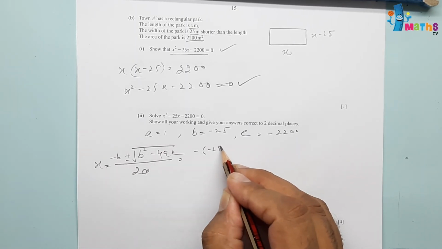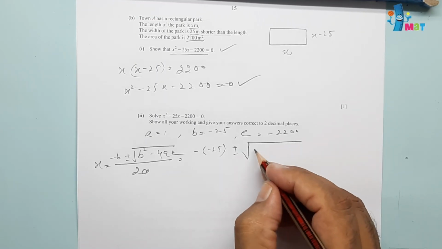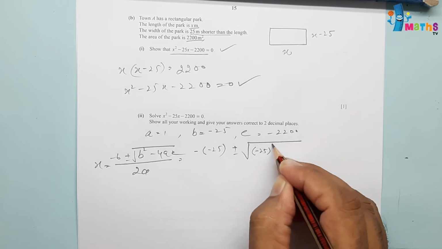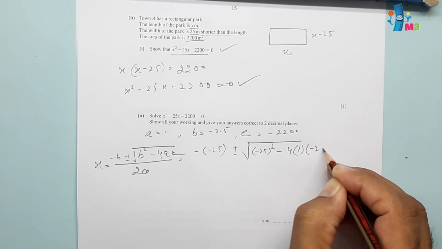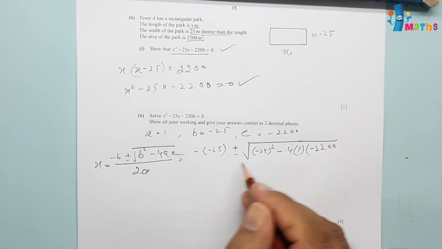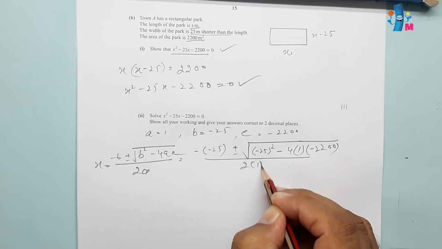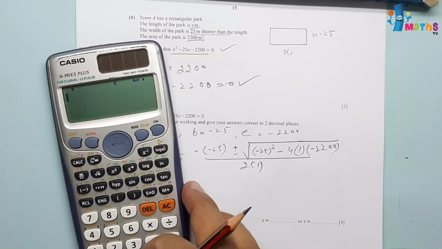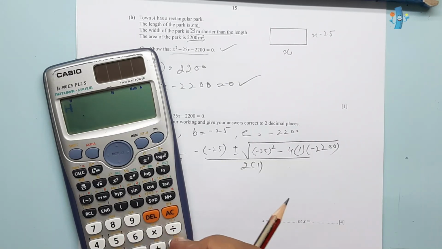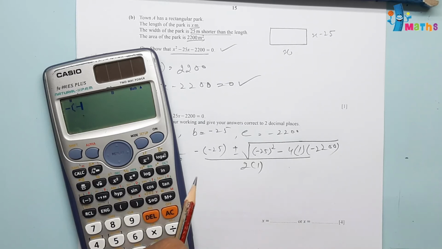Minus into minus 25, which is minus b value, plus minus square root of b squared means minus 25 squared, minus 4a is 1 and c is minus 2200, divided by 2a, which is 2 into 1. Now the rest of the calculations we can do with the calculator. First I'll calculate the plus value. Minus into minus 25.